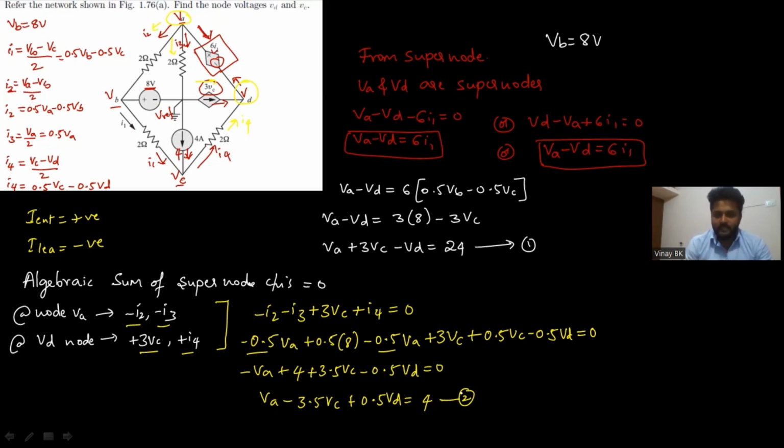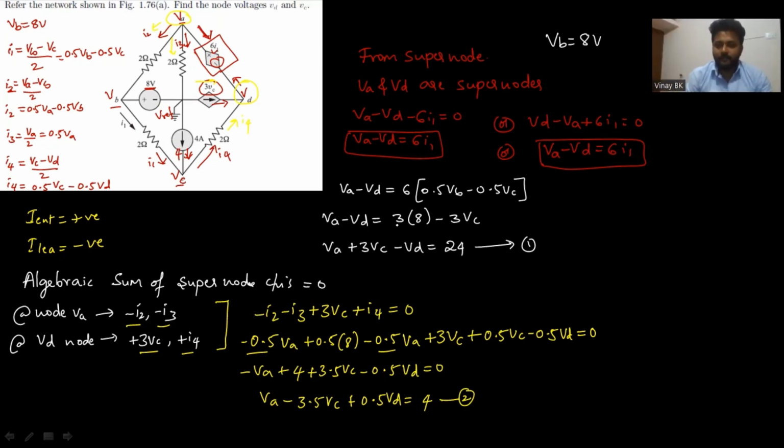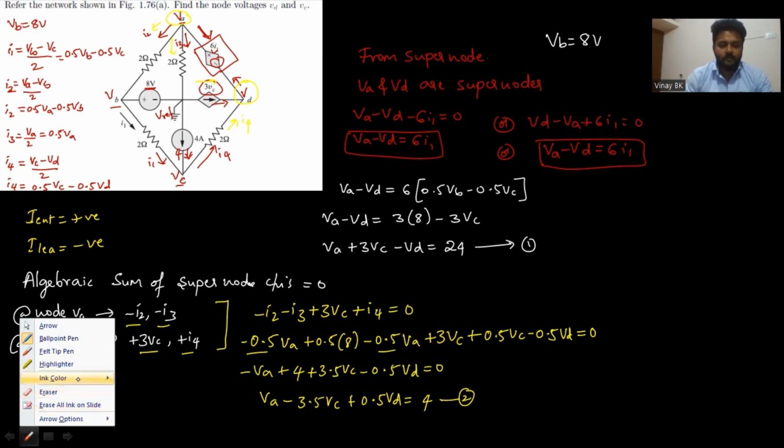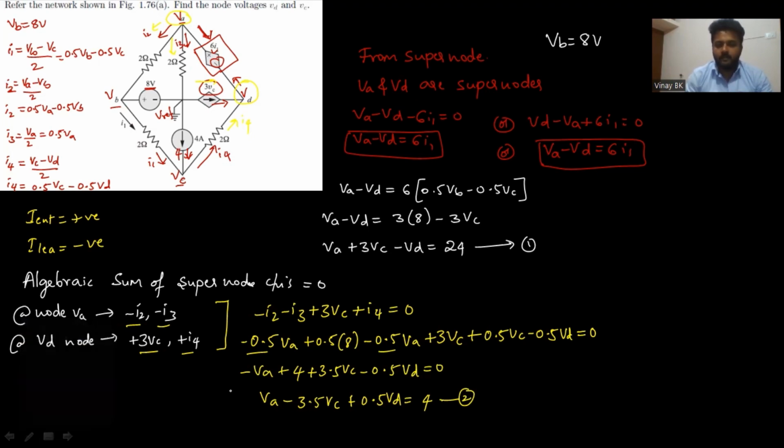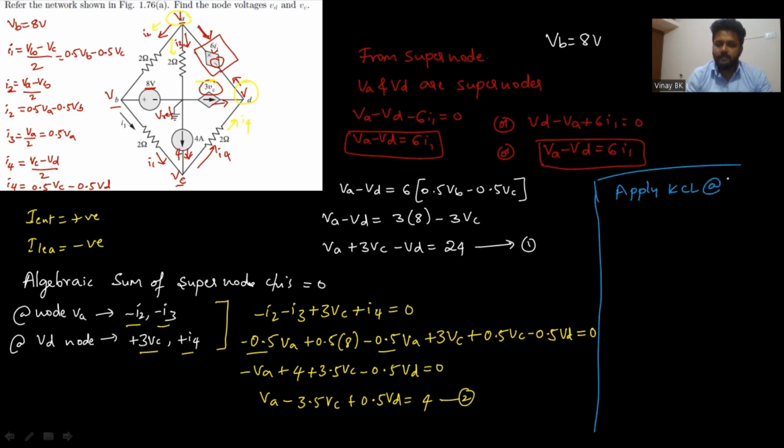The rest of the node is VC. So now apply KCL at the VC node.